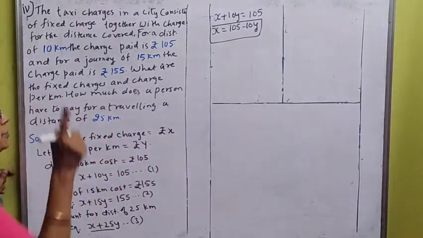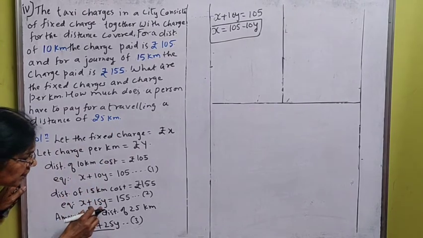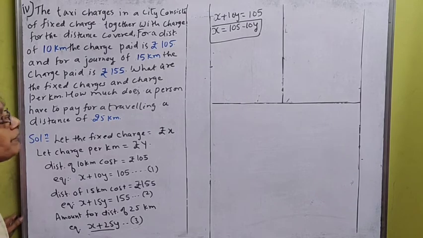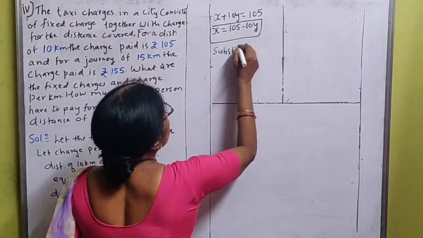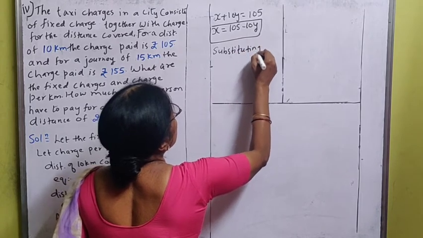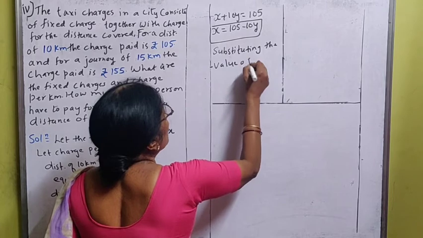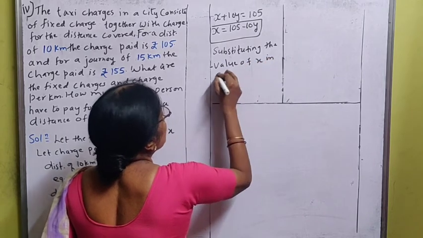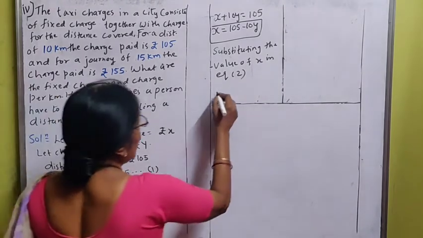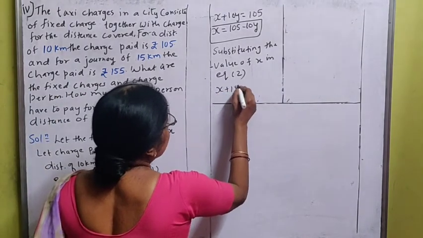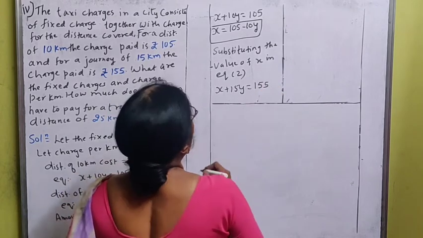I am going to substitute this X value in equation number 2. What is equation number 2? X plus 15Y is equal to 155. Substituting the value of X in equation 2: X plus 15Y is equal to 155.